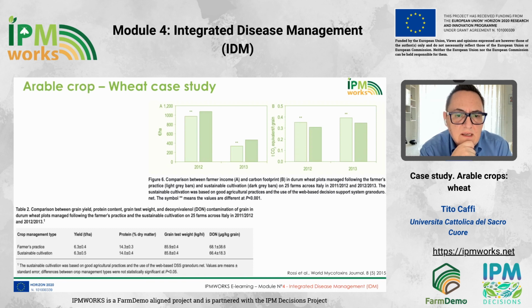As we can see from this publication, with the sustainable cultivation, so using the decision support system for taking the decisions related to the actions for management, particularly from the point of view of crop protection, we had the same result as the farmer, with a little bit less presence of deoxynivalenol, but we are quite below the threshold, and so there was no problem.